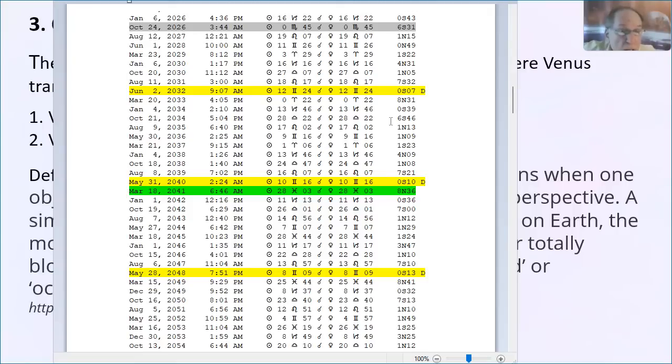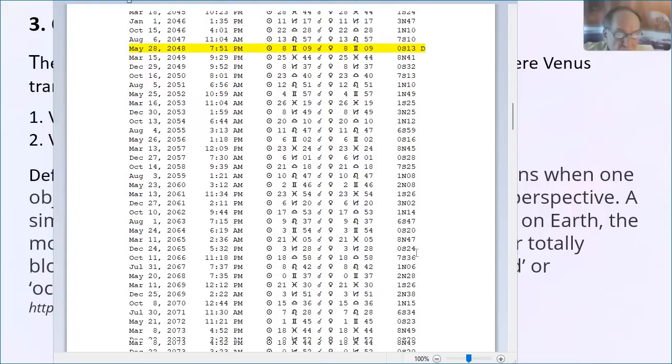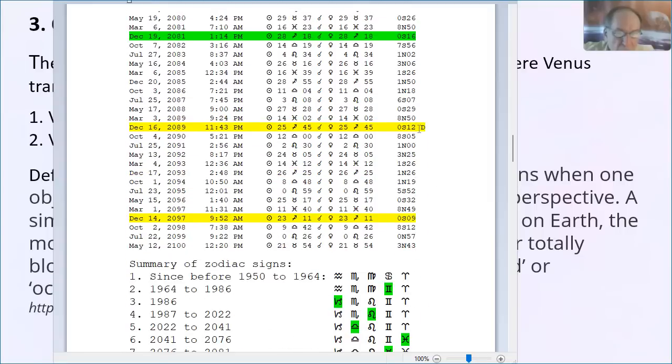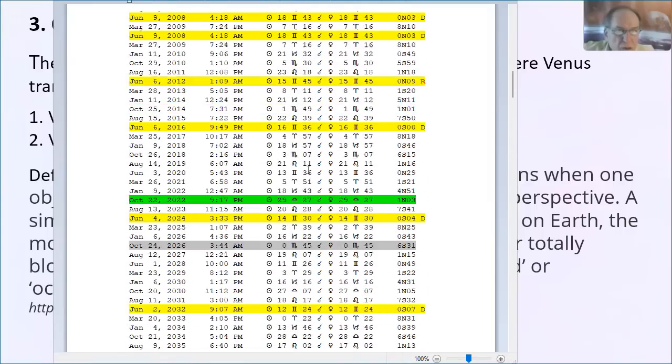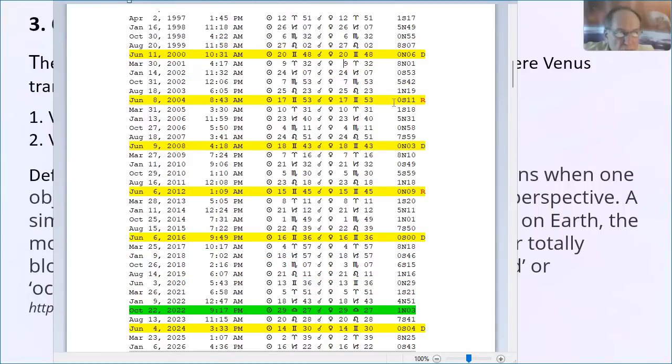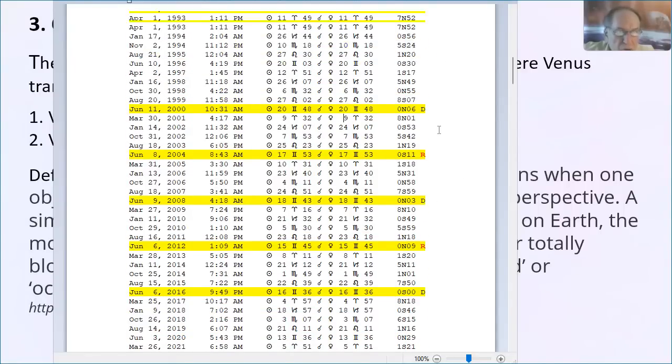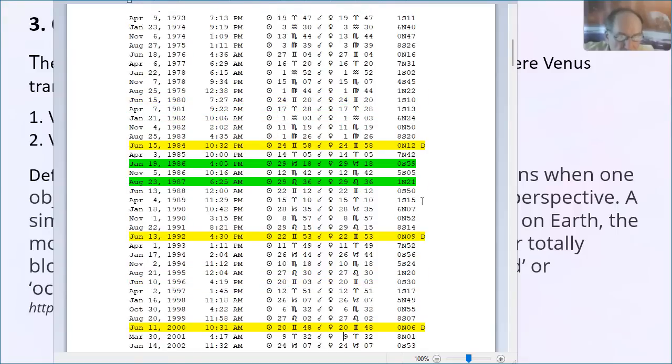That's why so many of these direct alignments have Venus at low latitude; most of them are direct. See, direct, direct, direct. Let's scroll down to the next yellow one, direct. It's relatively unusual for it to happen when Venus is retrograde. Direct, retrograde, direct. Well, here we got two retrogrades. But here, again, they're direct.